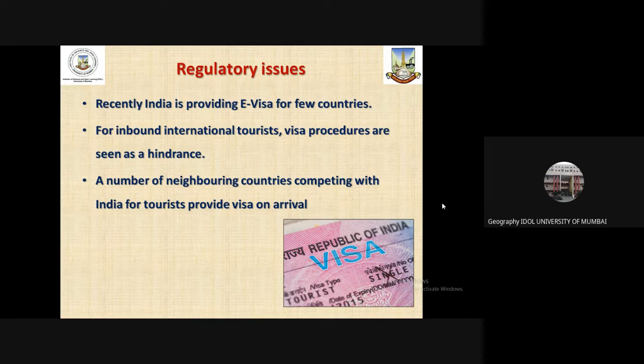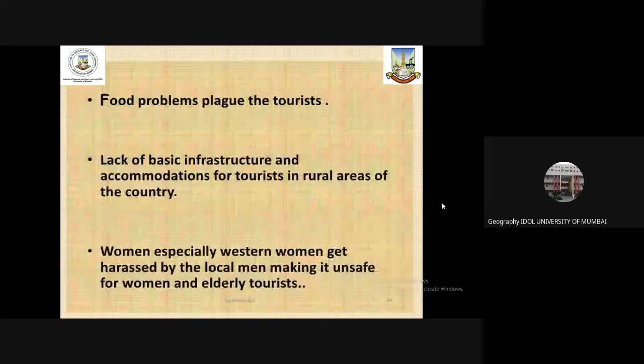That is the major hurdle why India is suffering from issues related to tourist arrival. And therefore, the other neighboring countries of India are competing with India as far as international tourism is concerned, because they provide easy tourist visa on arrival.